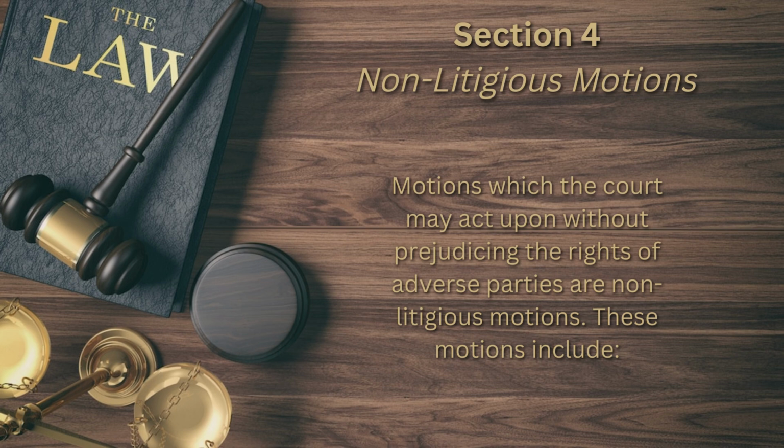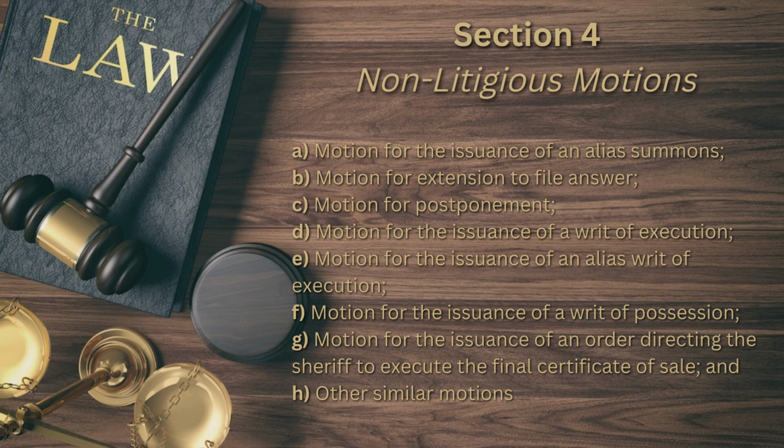Section 4. Non-litigious motions. Motions which the court may act upon without prejudicing the rights of adverse parties are non-litigious motions. These motions include motion for the issuance of an alias summons, motion for extension to file answer, motion for postponement, motion for the issuance of a writ of execution, motion for the issuance of an alias writ of execution, motion for the issuance of a writ of possession, motion for the issuance of an order directing the sheriff to execute the final certificate of sale, and other similar motions.